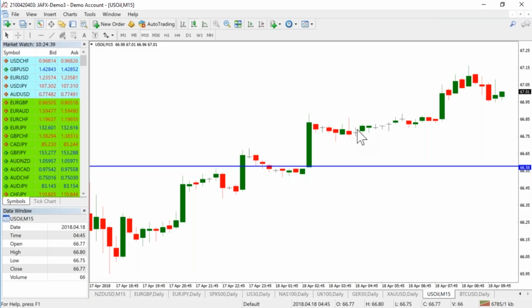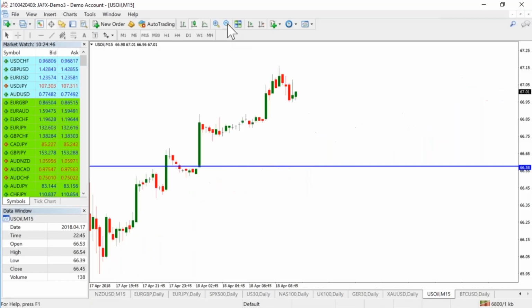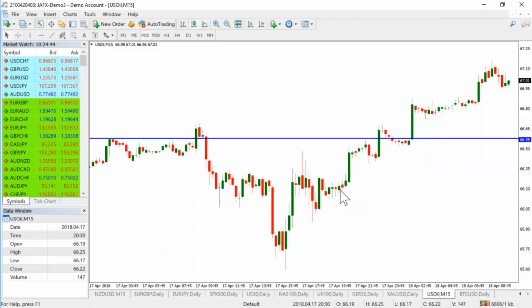So you can see that we are moving higher. So it's just a case of being patient and looking for those opportunities to squeeze this market higher. Okay, so that is the crude oil, and the last market to look at is the euro pound.